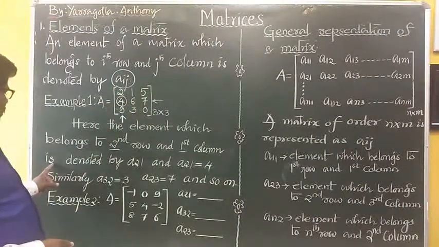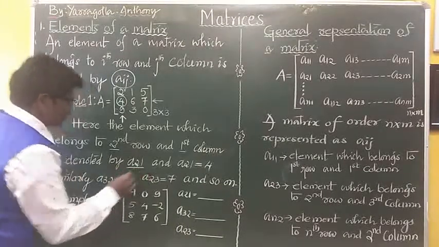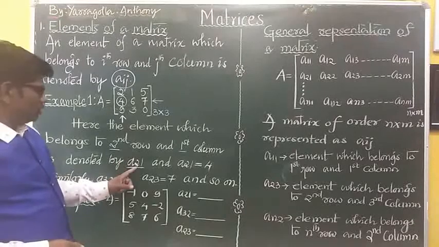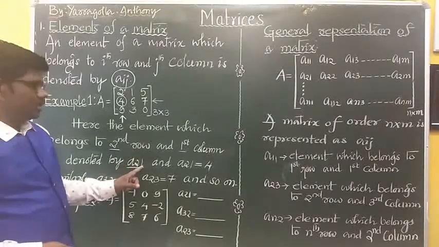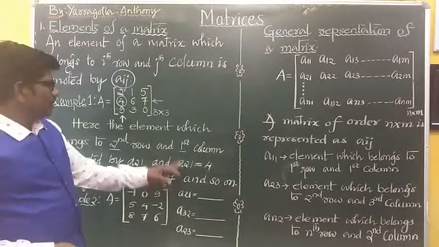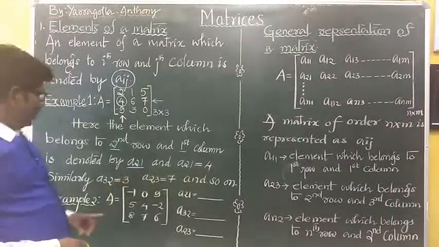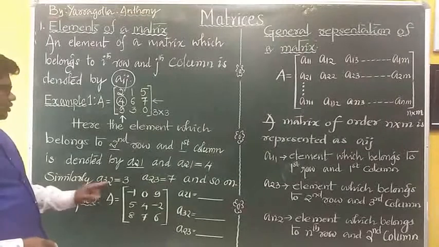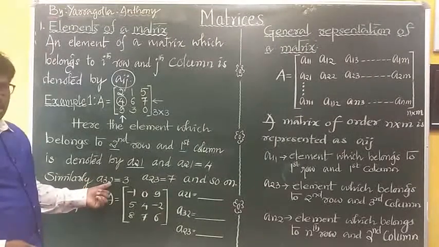See, 4 is in the second row as well as in the first column, and it is denoted by A21. Always we denote the first index as the row and the second index as the column. So A21, according to our study, is 4. Similarly, A32 means an element which belongs to the third row and second column.